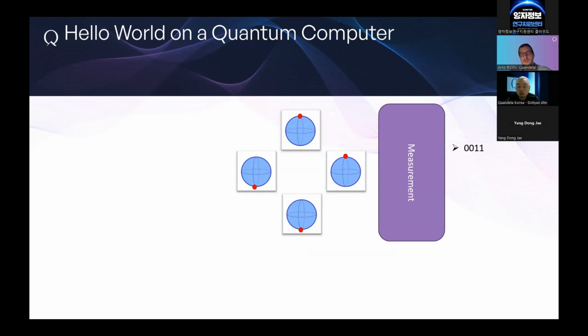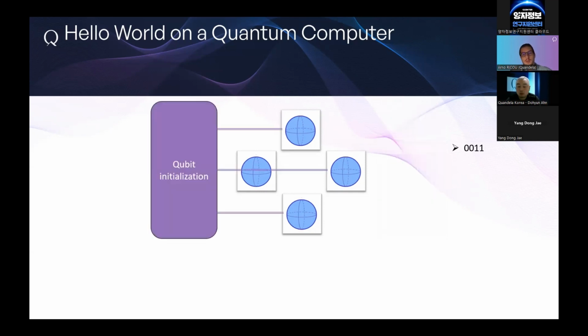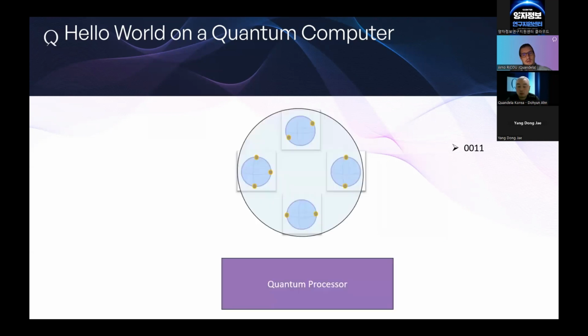We didn't mention it yesterday, but that's a central rule in quantum computing to know what the outcome of a measurement would be. And here you have a probability of having different outputs. After the first set of operations and measurement, we get the bit string 0011. If we repeat the operation again, we initialize the qubits, we entangle them.